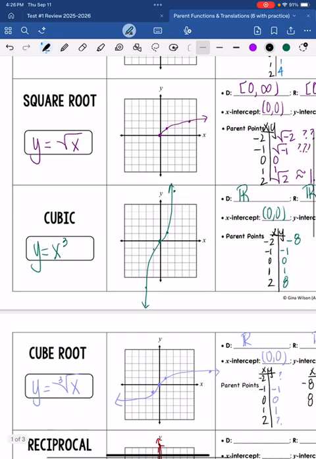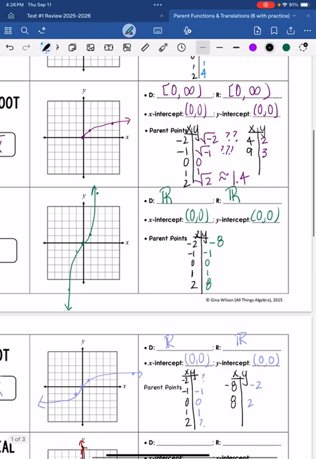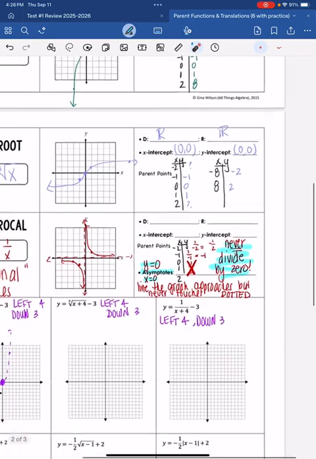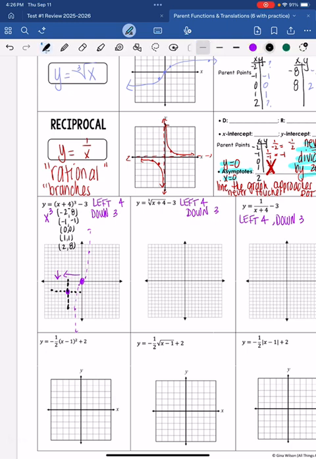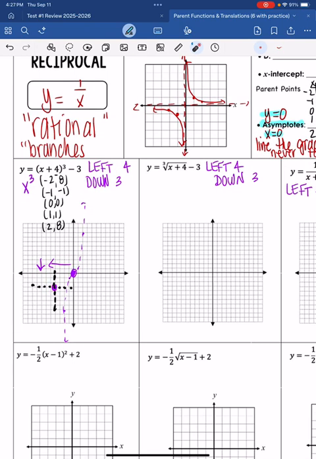How do I know that? We just put them in the table. Those are the points that we got right here: (-2, -8), (-1, -1), (0, 0), (1, 1), (2, 8). That's what we just did. So if I'm taking this graph and I'm moving it left 4, down 3, and I think of (-4, -3) as my new origin point, from my new origin point I'm going to go right 1, up 1, right 2, up 8, left 1, down 1, left 2, down 8, and that is how I'm going to find my new points.